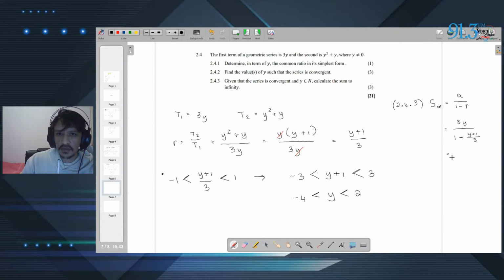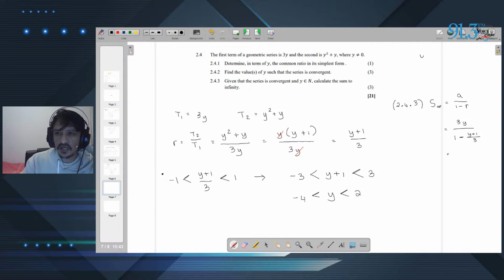Okay. y is an element of natural numbers. So we have our restriction where y can exist. y is greater than -4 and less than 2. So we can select any value between there and it will be fine to use.